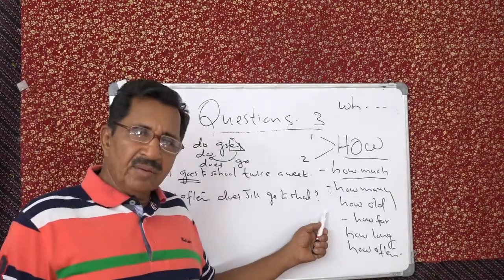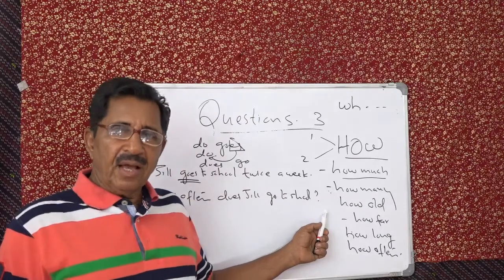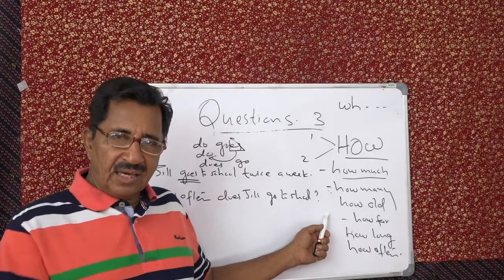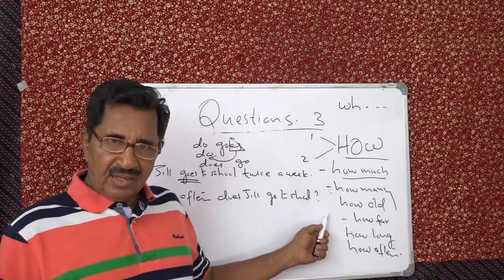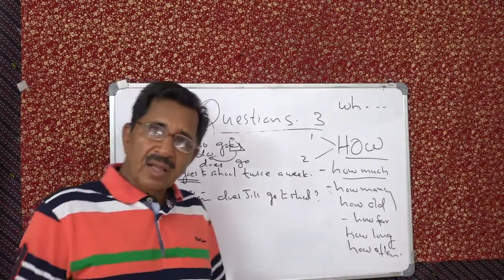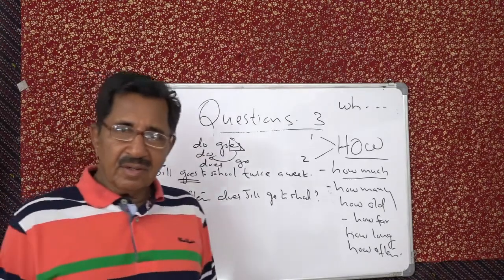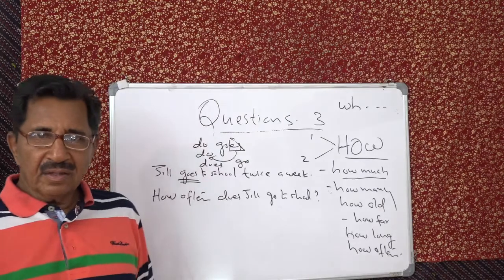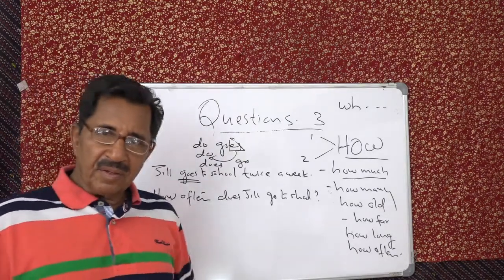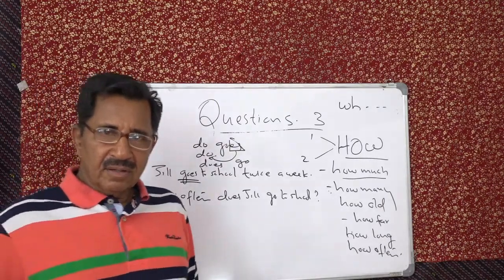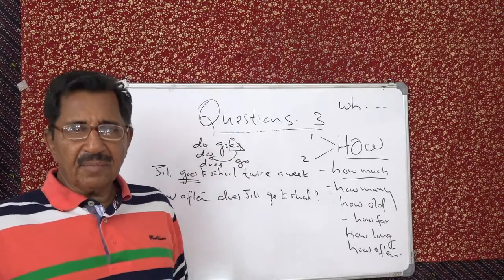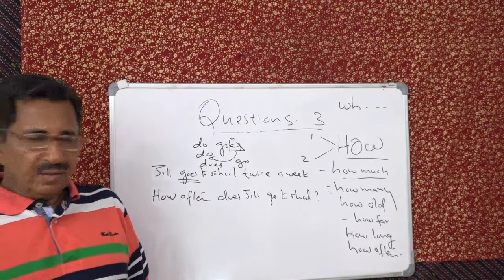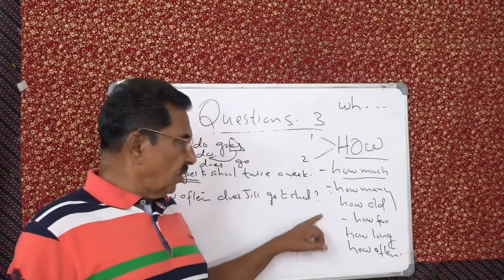Then for countable nouns, say many. How many boys are there in the class? How many girls are there in the class? Then you say, how many people live in this? How many people usually come here? So, and then you have got how old.